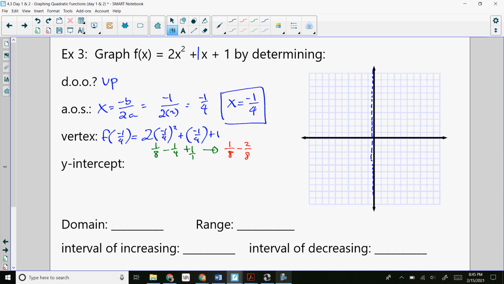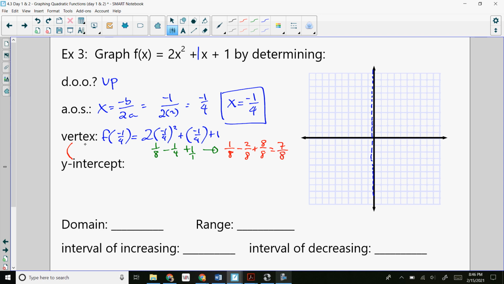And then 1 over 1, got to multiply everything by 8 on this one, would be plus 8 over 8. All right, so 1 on the top, my denominators are common, so they're going to stay 8 on the bottom. But on the top, 1 minus 2 is negative 1. Negative 1 plus 8 is 7. So we get 7/8 here for the output of the vertex, where the input was negative 1/4.